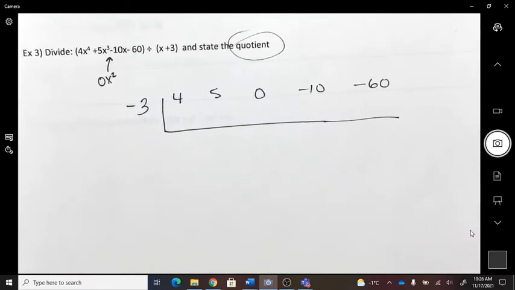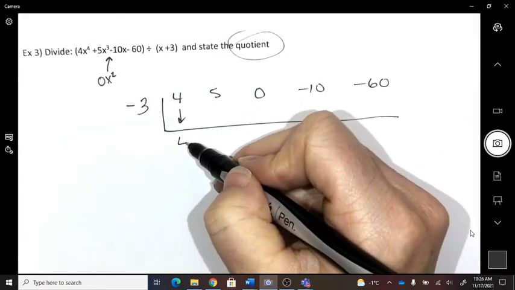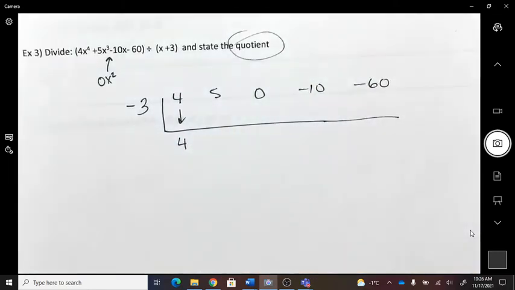Okay, go for it. Let's see if you can try it on your own. So start with that one down. Multiply, add, multiply, add, multiply, add till you get to the end.